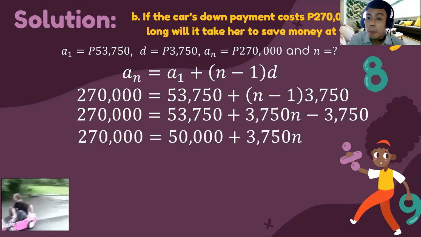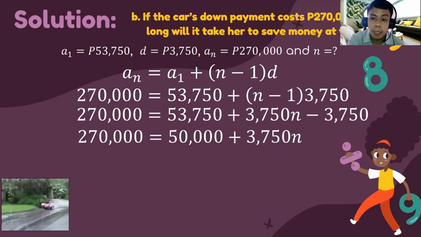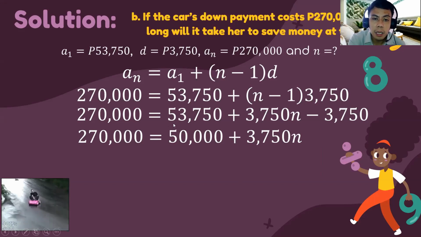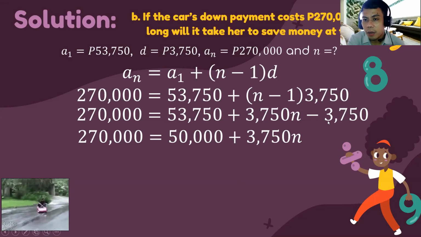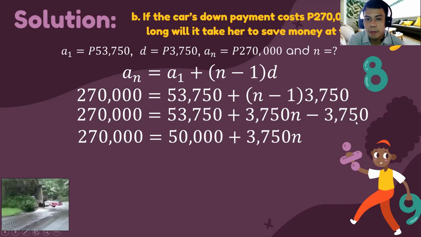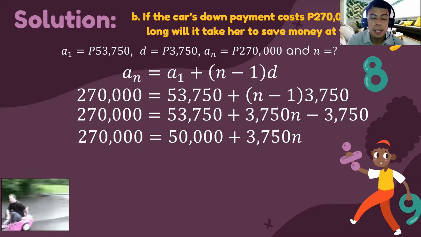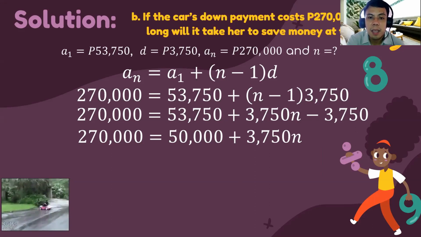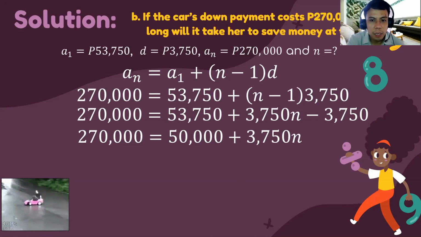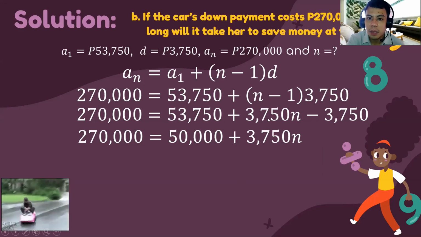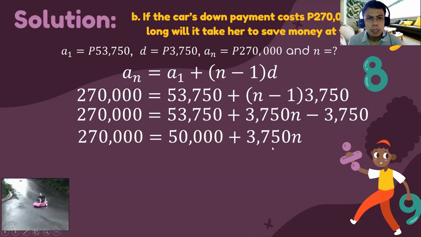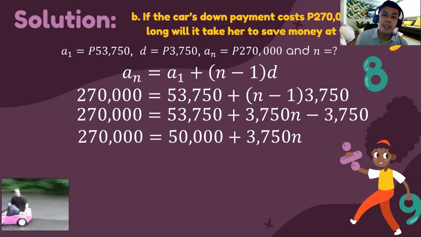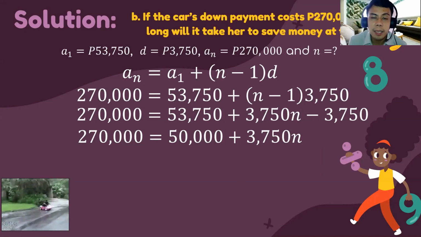And after that, combine like terms. What are the like terms here? The constants: 53,750 minus 3,750, that is equal to 50,000 pesos. And what we have here, plus 3,750 n. Since our goal here is to find n, we need to isolate n.